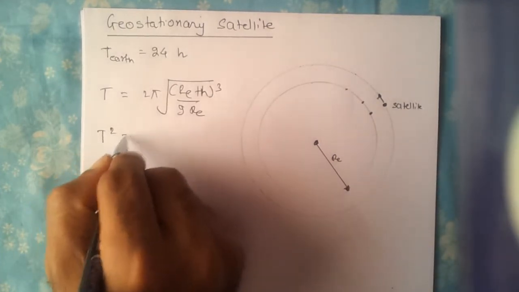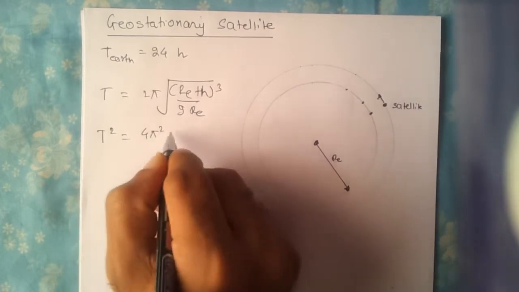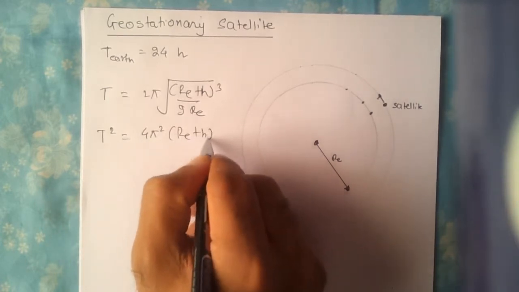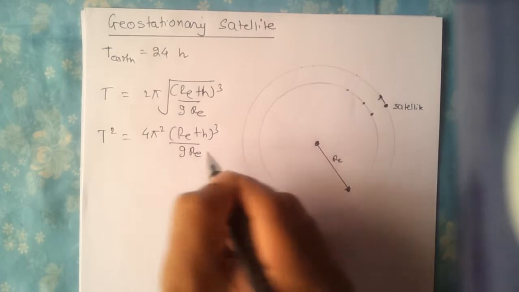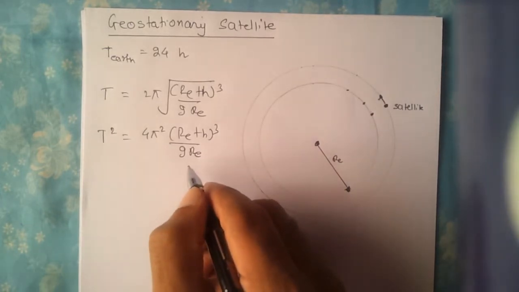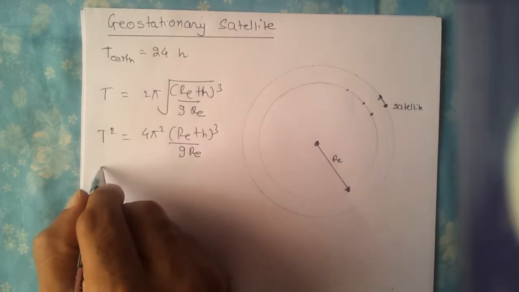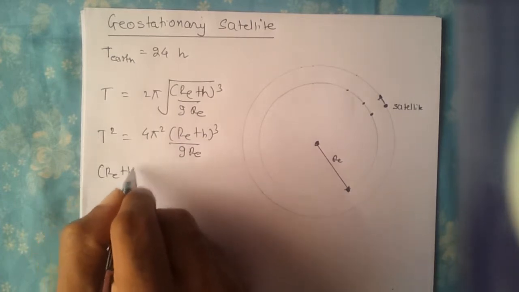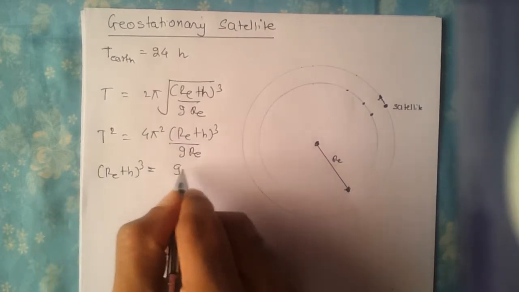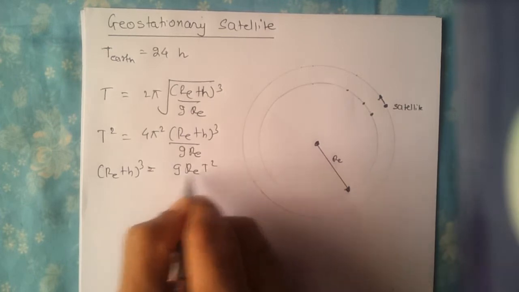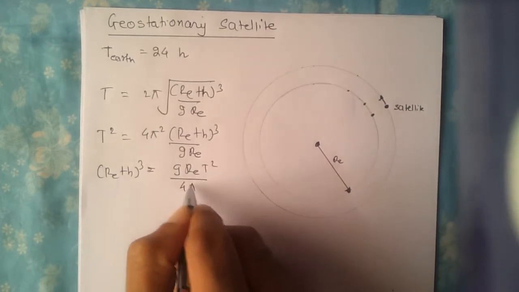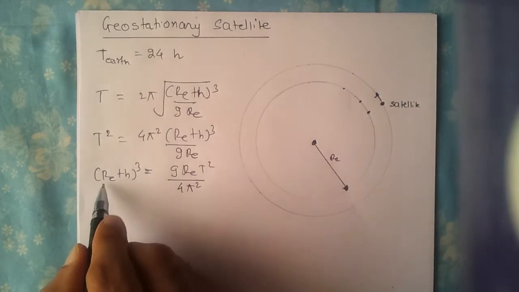So what do I get over here? T square is equal to 4 pi square (RE plus h) whole cube upon g RE square. And therefore I can get (RE plus h) whole cube is equal to g RE square T square upon 4 pi square. And now I know all the values.